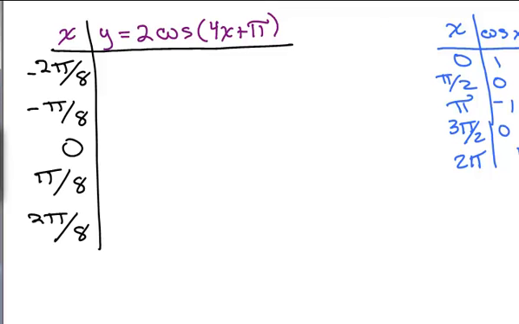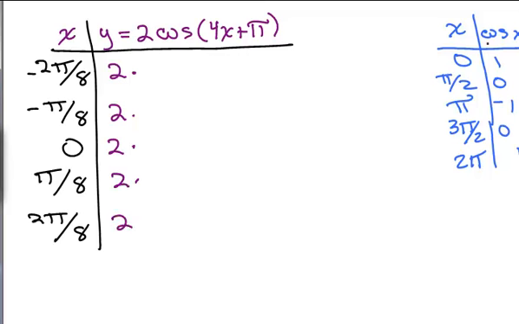All right, now over here on the right, we've got our usual x and y coordinates, and now we know if we're plugging in these values for the x coordinates, I could use these to figure out the cosine of 4x plus pi. So my y value is going to be 2 times something, right?